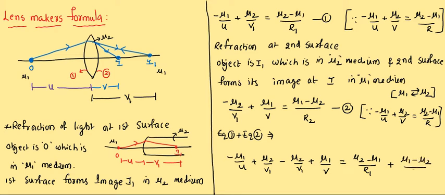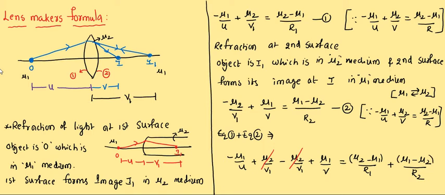The last step: Nu2 by V1 and minus Nu2 by V1 will be cancelled.